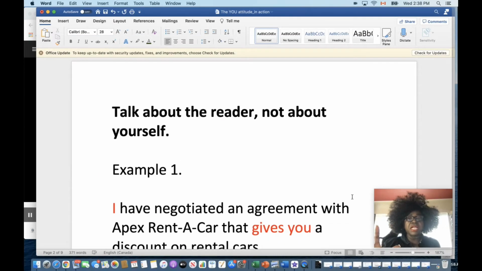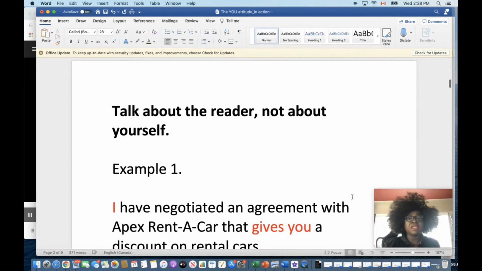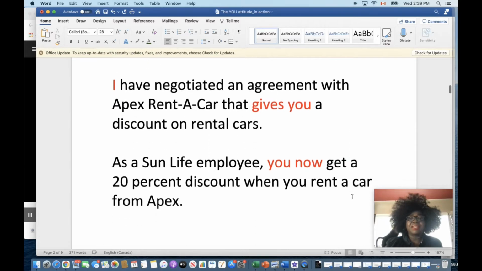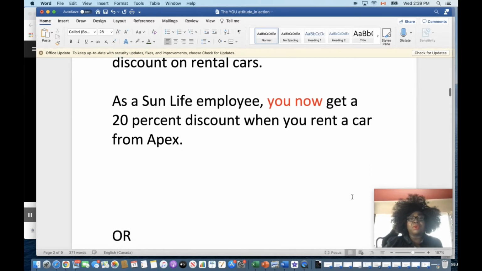So the first example is when you talk about the reader and not about yourself. And look at these. I have negotiated an agreement with Apex Rent-A-Car that gives you a discount on rental cars. Sounds like the you attitude, right? Because of the word you. However, it isn't. This is the you attitude.